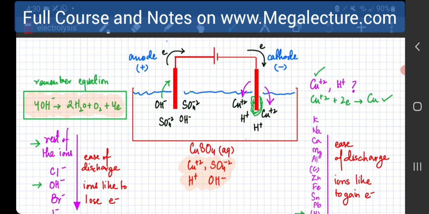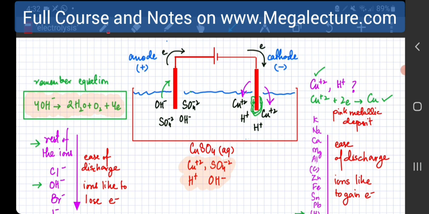So we're going to do another example just after this. But before moving to the next example, I'm going to write down the observations. The observation at your cathode will be that there's going to be a copper deposit, a metallic deposit, that's going to be formed. Remember, you're already aware of what copper is. Copper is a metal, a shiny metal, and it's a pink shiny metal. So a pink metallic deposit can be seen over here.